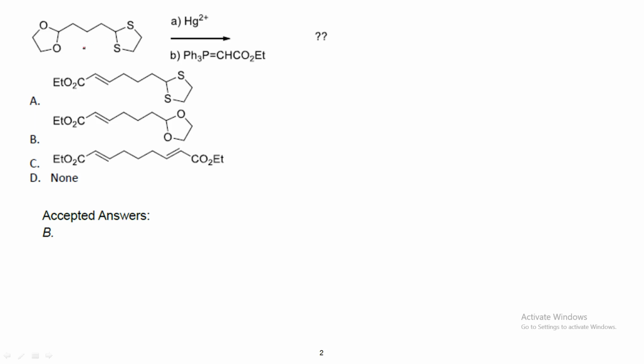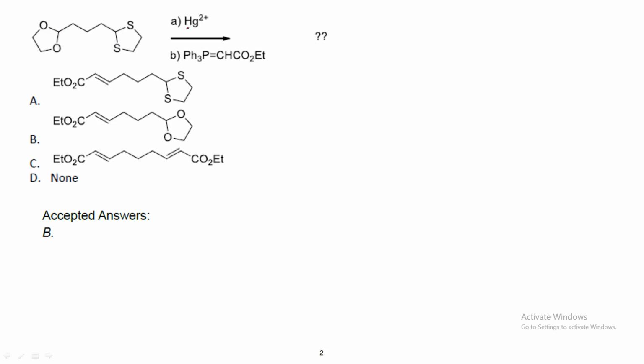You can see these two are actually ketals. This is normal oxygen based, and this is sulfur based. As here we have one hydrogen, they are actually acetals. So acetal and ketal protection we will know.